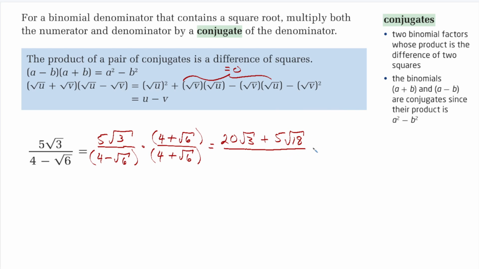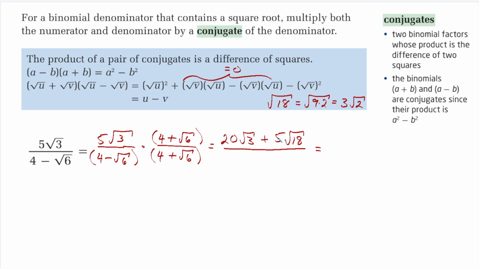And that's it for the numerator, except for a little bit of simplifying. And actually we might as well do that little bit of simplifying now. 5 square root of 18, remember, we can think of the square root of 18 as the square root of 9 times 2. And the square root of 9 times 2, I can pull out that square root of 9 and write it as 3, so that is 3 root 2.